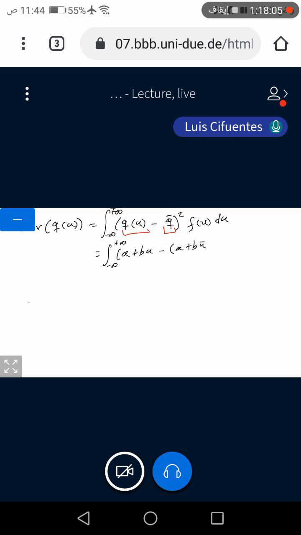This is what we obtain as a result. And then A and B are constant, so we end up with the following expression.